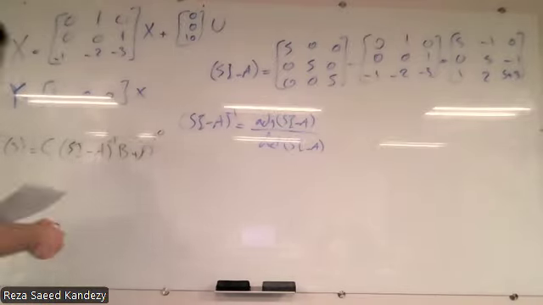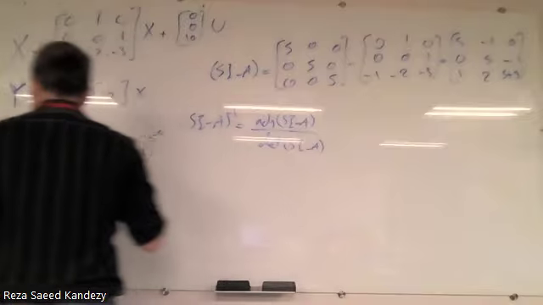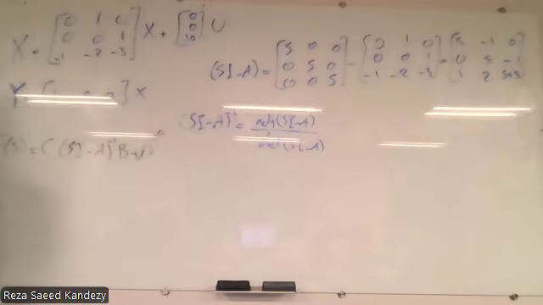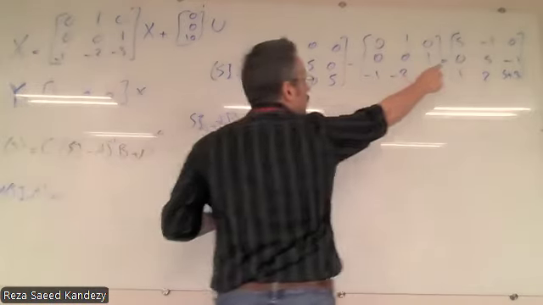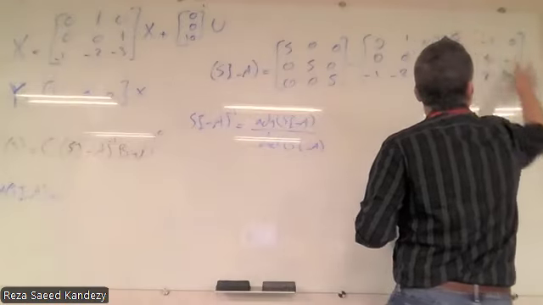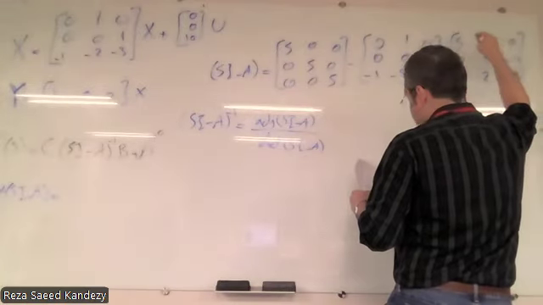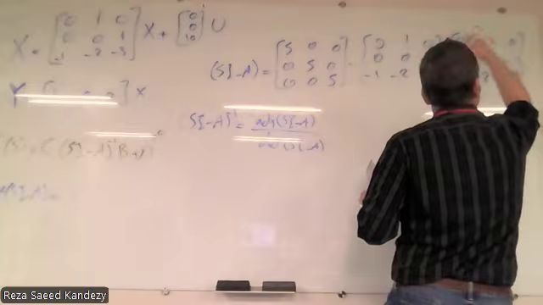Okay, now the determinant of sI minus A is going to be, we are going to use the first row and take out the columns one by one.